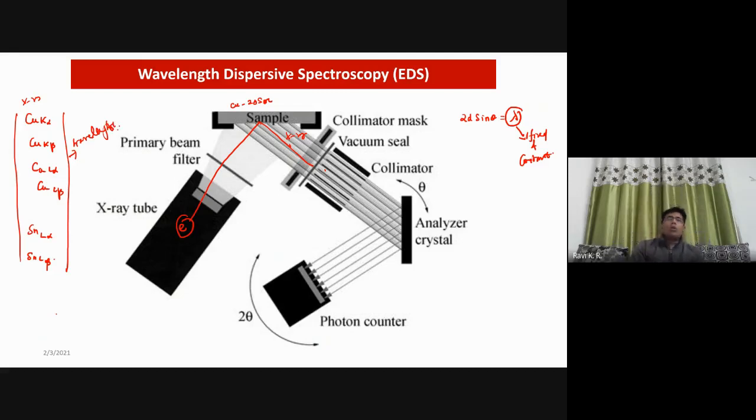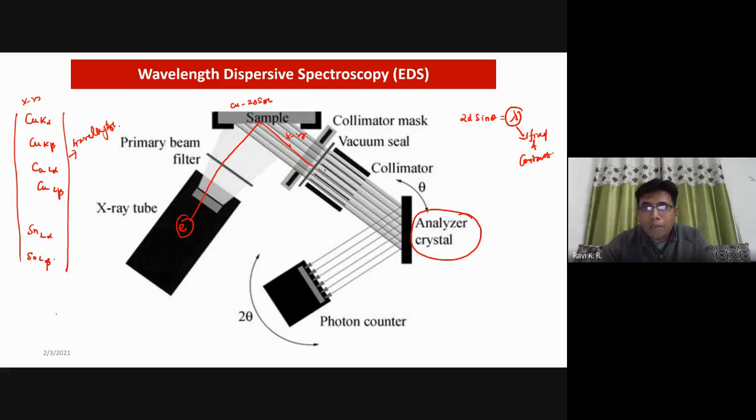It is going to obey the Bragg condition, but how am I going to do the analysis? This is actually a problem. So for that, we use what we call an analyzer crystal.